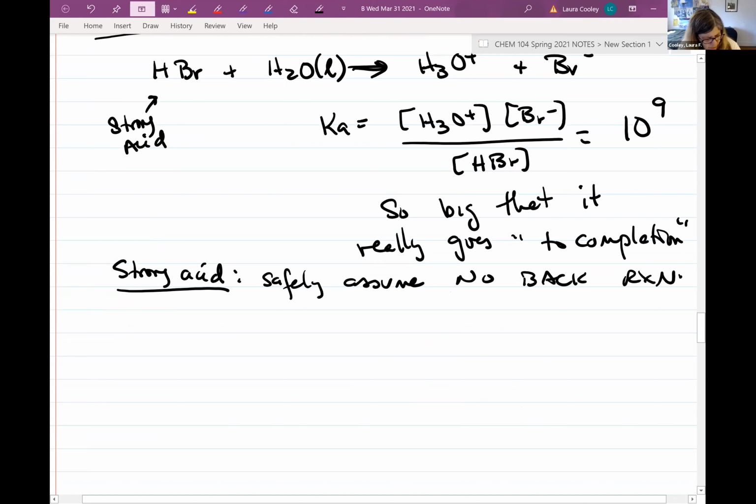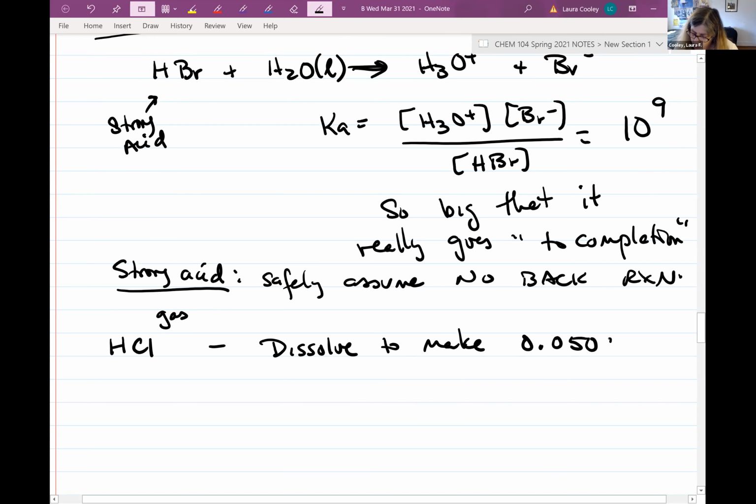Okay, so if you take another strong acid, HCl, which by the way is a gas, you take a tank of HCl gas and dissolve it in water. Normally what we do is we make a concentrated solution, and that's how it's sold. But that's literally a dissolved gas in water. And then you would dilute that concentrated solution. So let's suppose you dilute a concentrated HCl solution to make a 0.050 molar HCl solution.